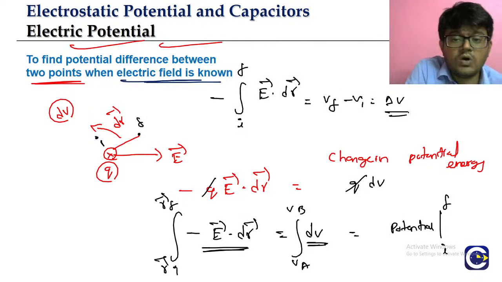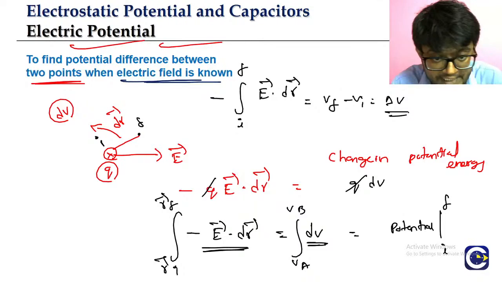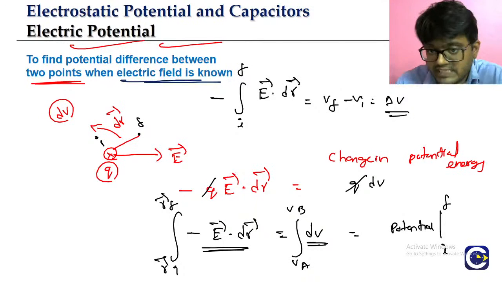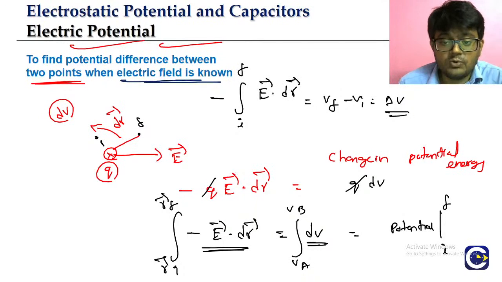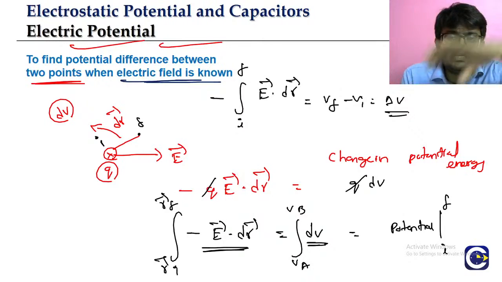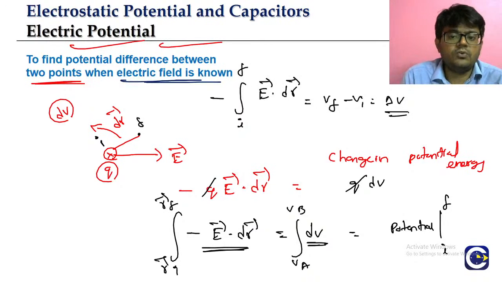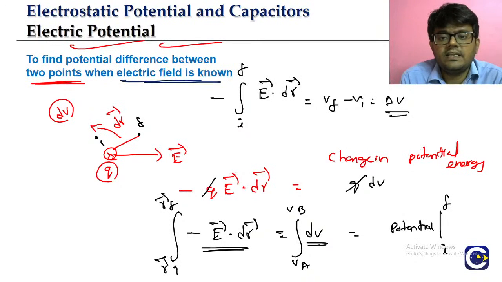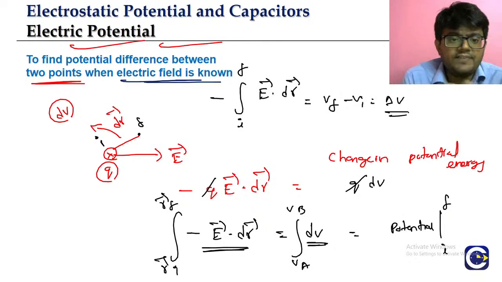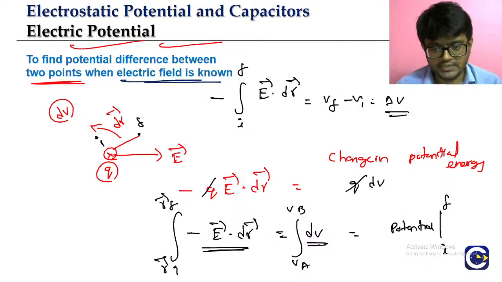So if you want to find the potential difference between 2 points when the electric field function is given, we take this integration. To get the electric field from potential we use the partial derivative, but with integration, minus integral E dot dr gives the potential difference between the initial point and the final point.